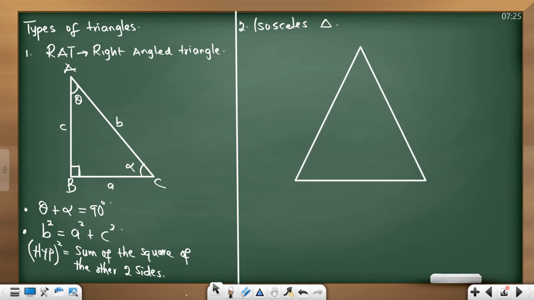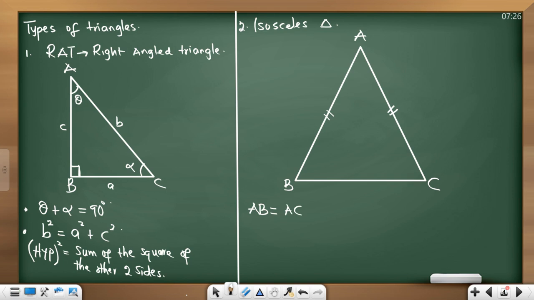The word iso means things that are the same. So I would have two sides equal. A, B, and C. Side AB will be equal to side AC. That's what makes it an isosceles.